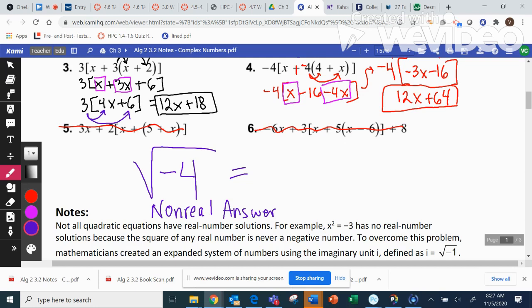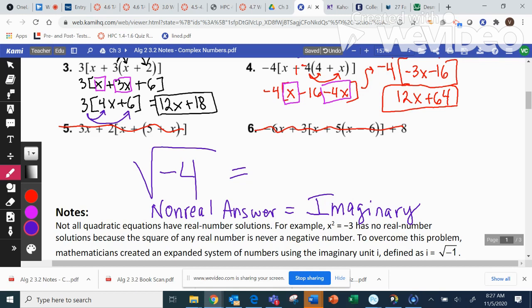They said, it's not a real number, so we're going to call it an imaginary number. That makes sense.